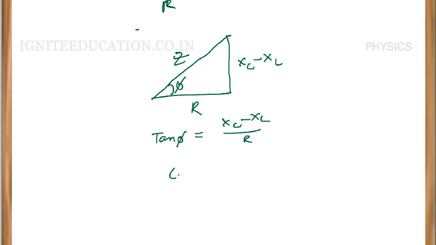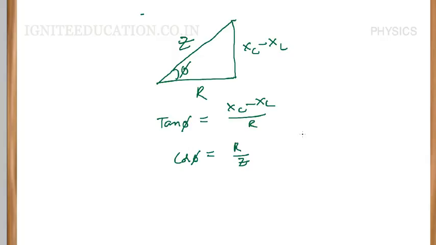From the same diagram, cos phi is equal to R by Z.